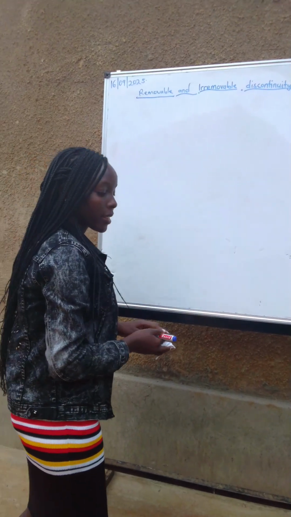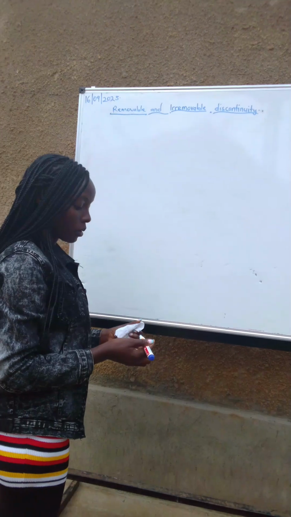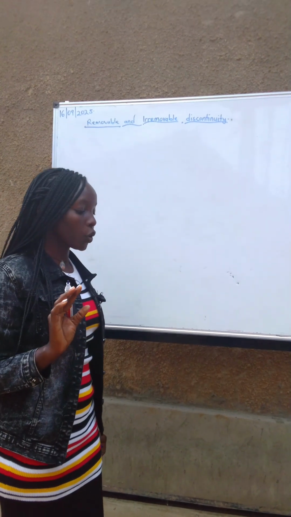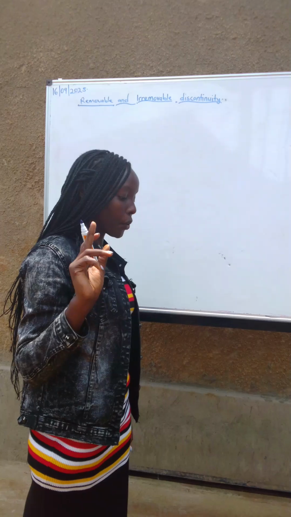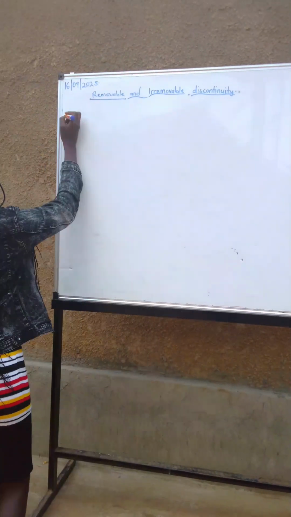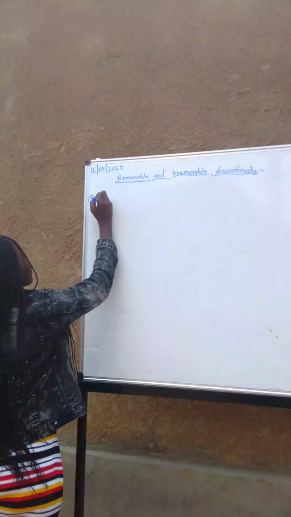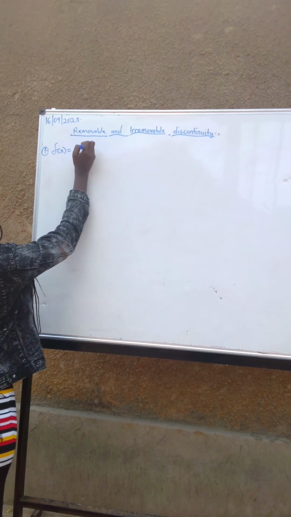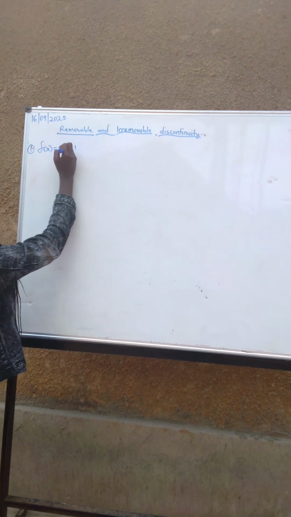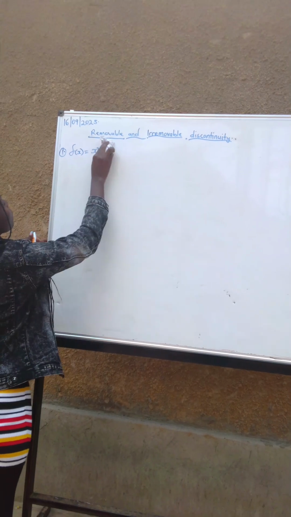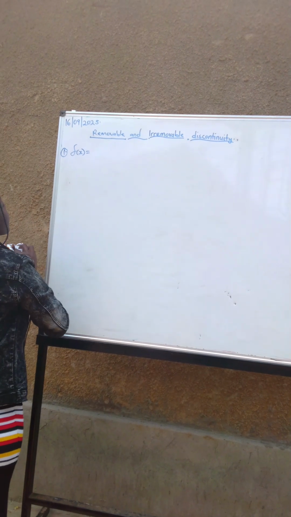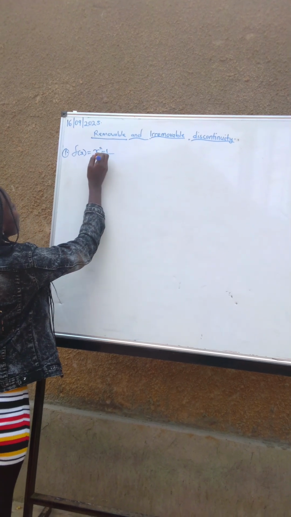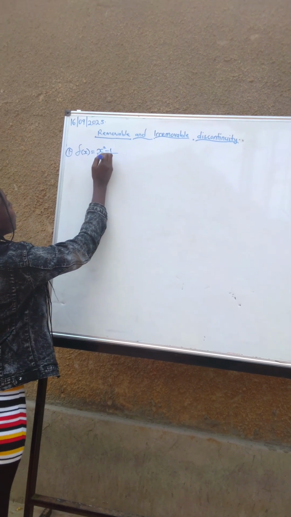Now let's talk about the examples under the removable discontinuity. We're going to start with example number 1, which is f of x equal to x squared minus 1 over x minus 1.